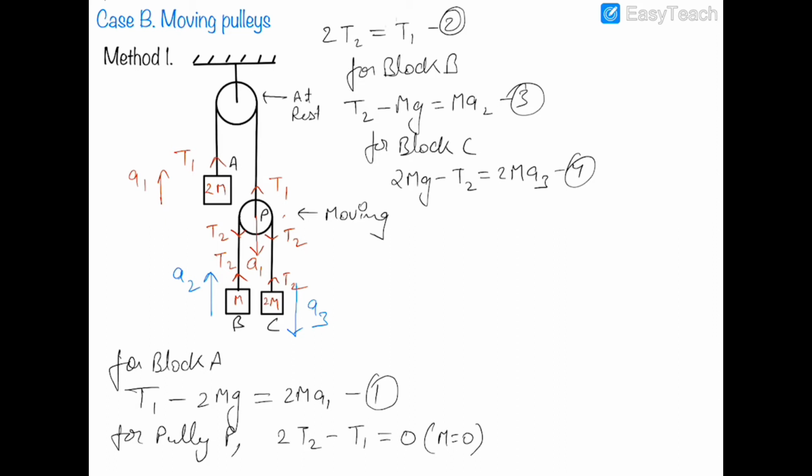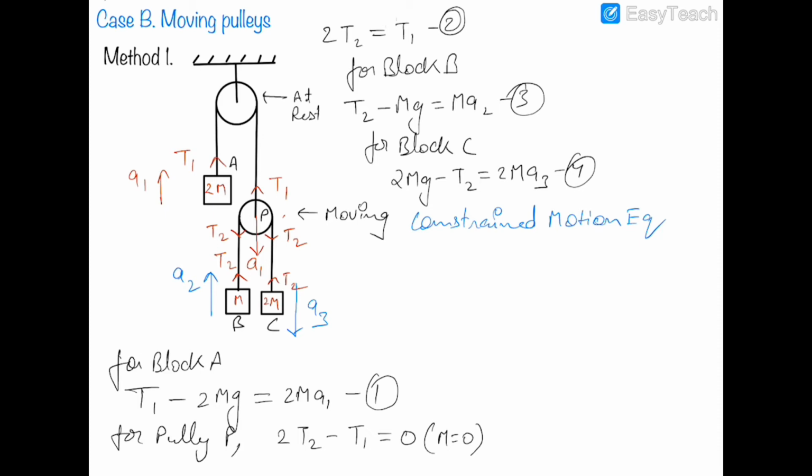That is the constrained motion equation. And in these case B problems, we'll be emphasizing more on these constrained motion equations, and we'll be practicing more and more with new problems.